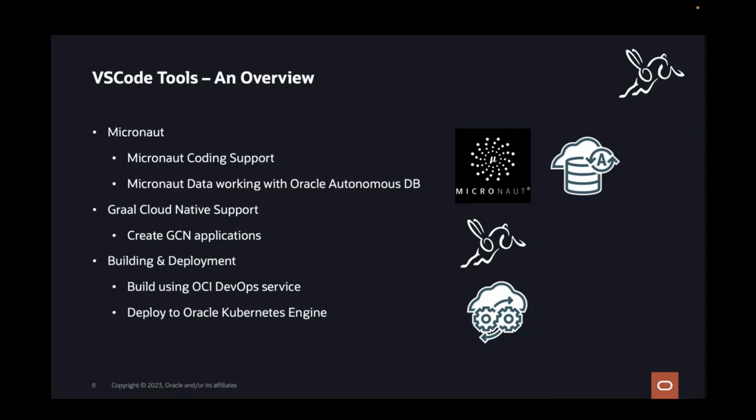We also provide support for Micronaut Data. If you don't know, Micronaut Data is part of the Micronaut framework that lets you interact with databases. It's a nice way to map your entities and your data-like classes directly onto the database. So we've got some functionality, and we'll see a demo of this later, that lets you talk to an existing Oracle Autonomous DB and then extract from the schema.